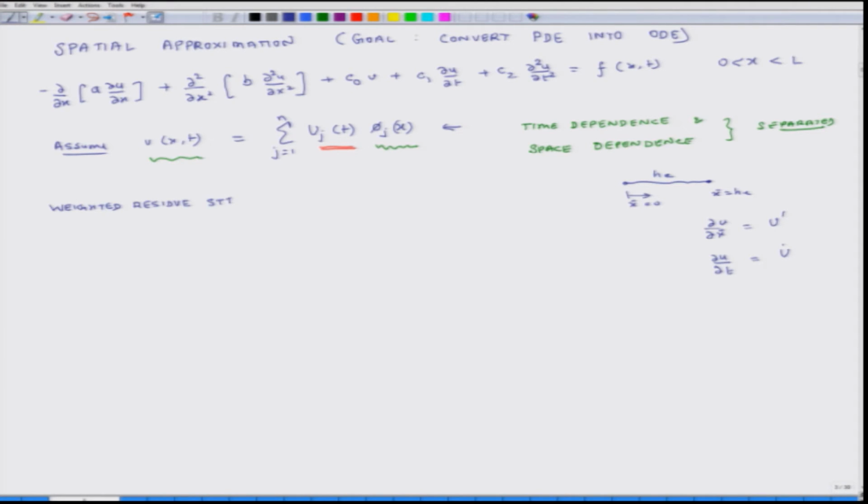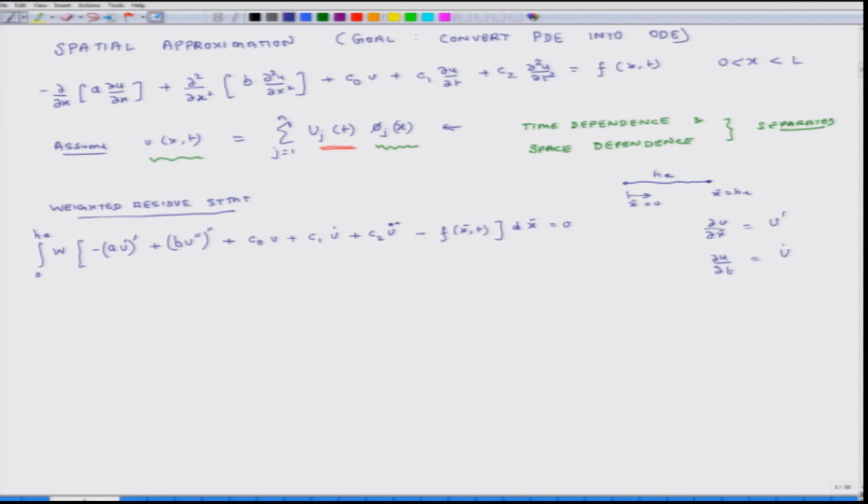This is my weighted residue statement: integral from 0 to He of some weight function w, and in parenthesis I have minus a u prime, the entire thing differentiated with respect to x, plus b u double prime, the entire thing differentiated twice with respect to x bar, plus c naught u plus c1 u dot plus c2 u double dot minus f of x and t, with x bar going from 0.